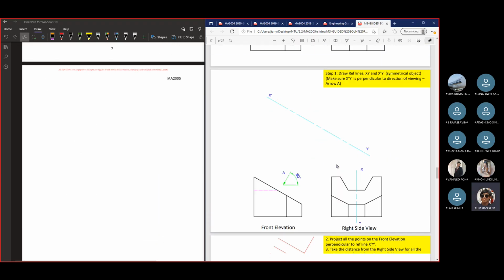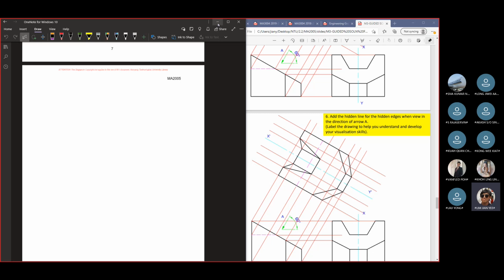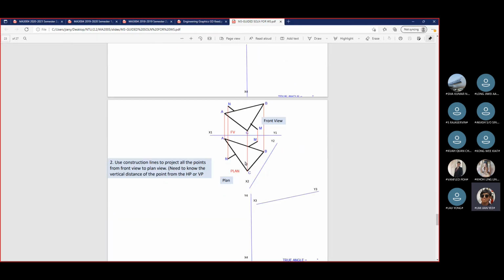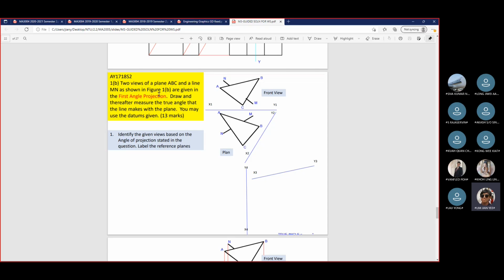You just go find the paper, I'll just refer to the slides. So if you can find the paper, 17/18 Sem 2.